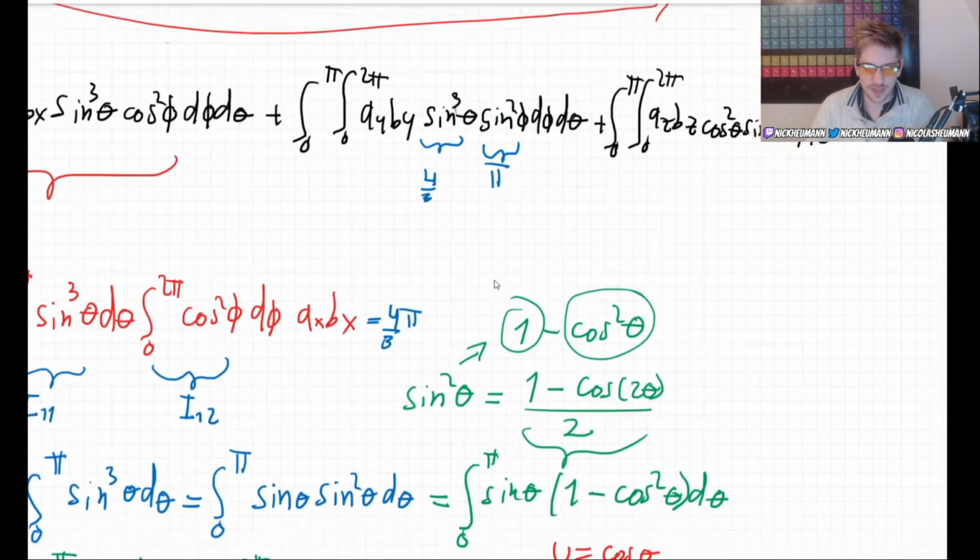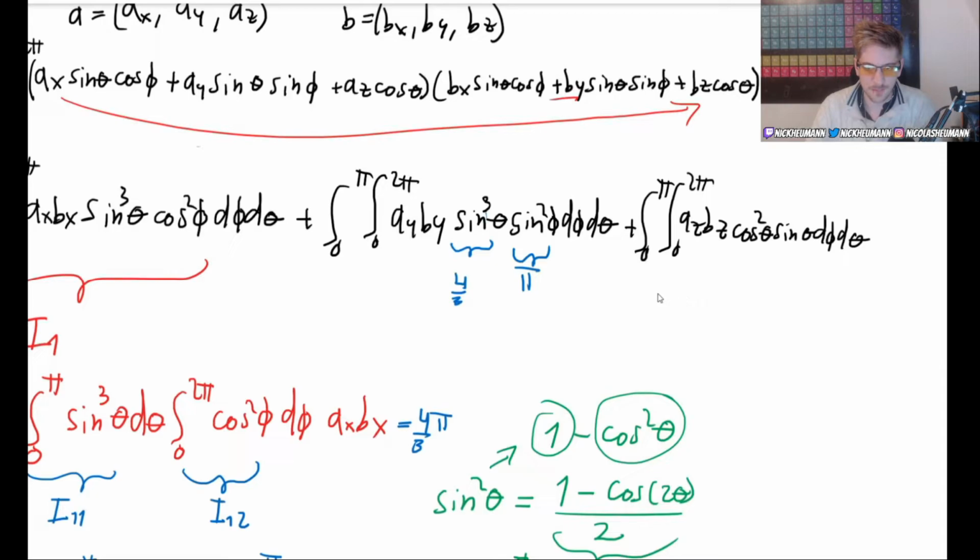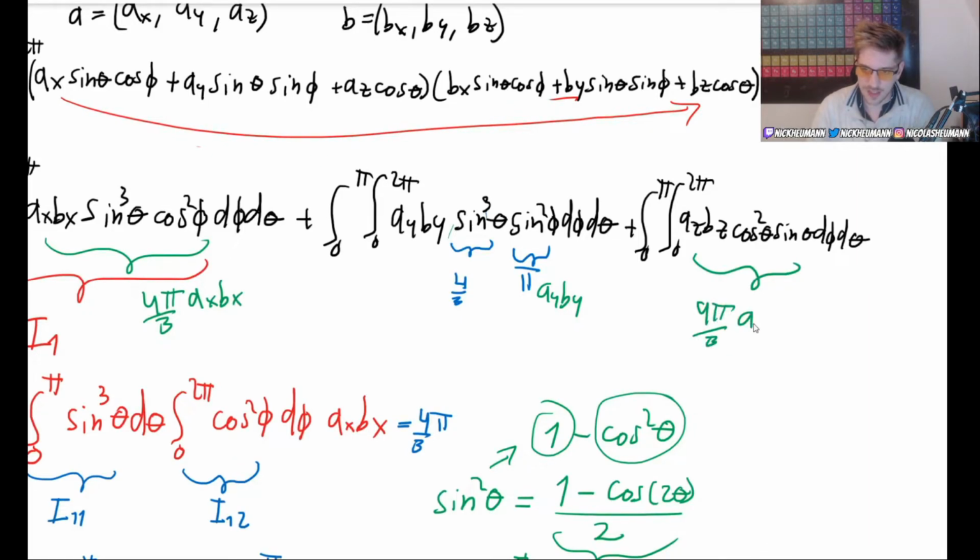So now if we go back to this huge integral, we can see that if this part here was 4 pi over 3, and now times ax bx, this part right here is 4 pi over 3 times ay by, and this part is 4 pi over 3 times az bz.